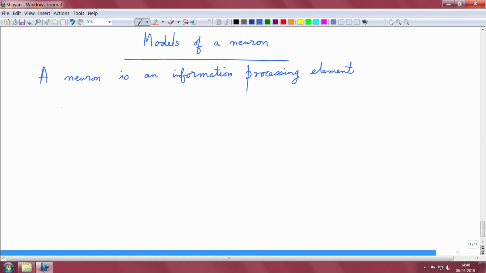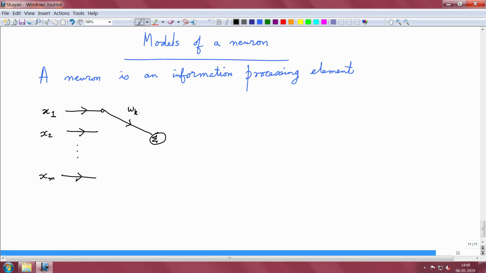So, we have these external inputs x1, x2, and so on till xm, and then we have weights connecting these inputs.